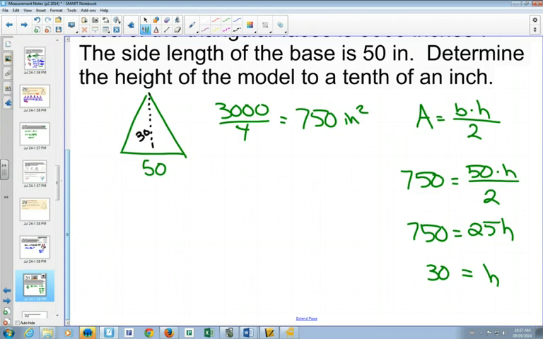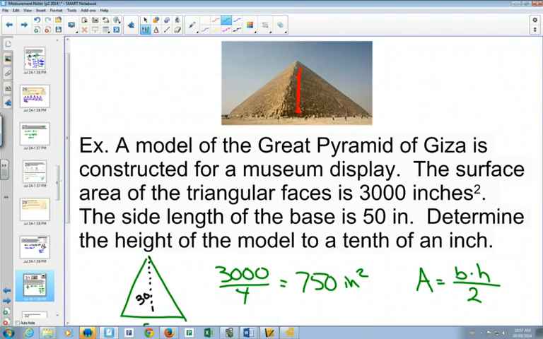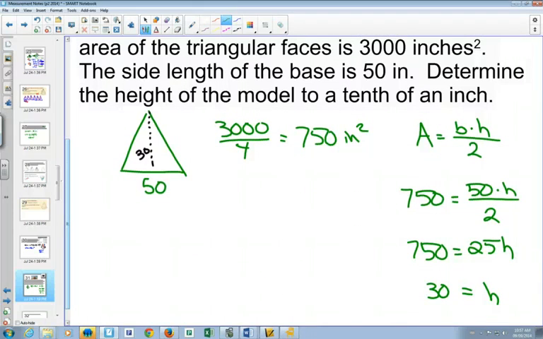If we go back to our main picture, that means I know this part right along here is 30. And that makes another triangle. Slant height was 30. I want to find the height.